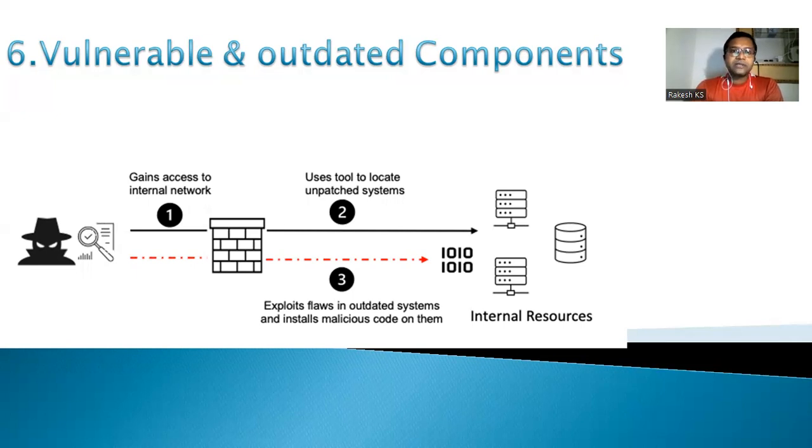When the outdated components are not updated, they are more vulnerable. So when the attacker sees the outdated components, he will send his malicious data. That's how he exploits the server, gets into the internal resources, and catches the database.